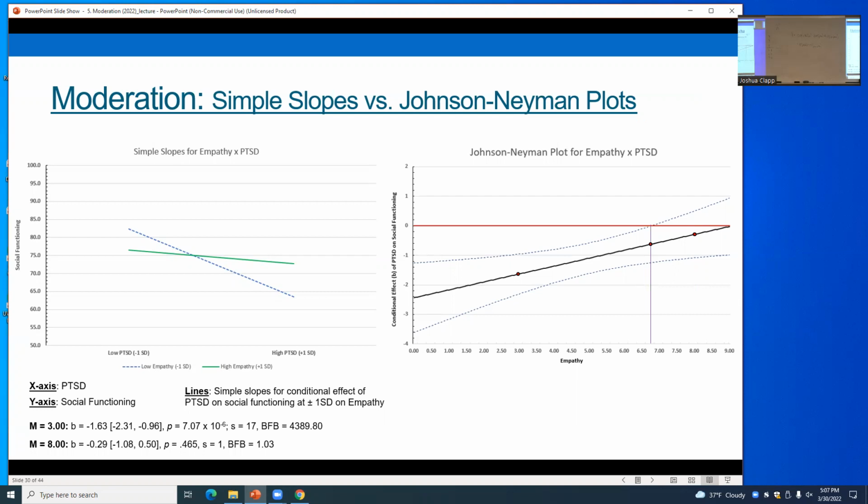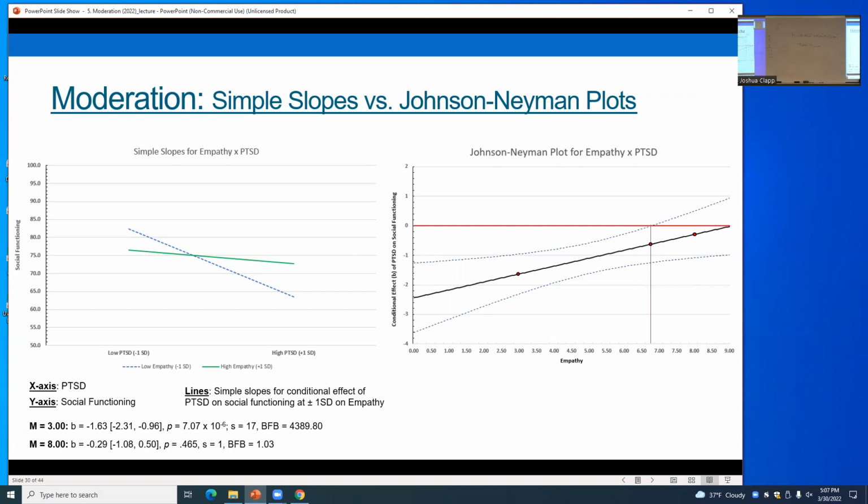This is a more complete way of saying these are the boundaries of this association. From this point to this point, we've seen a negative effect. That negative effect gets weaker as we get closer and closer to this point. After this, at least in these data, we no longer have evidence for an association. So this ends up being more informative, so long as you know how to interpret it.